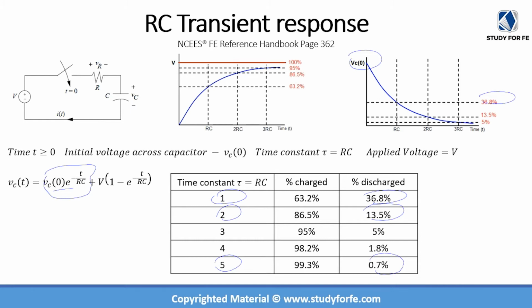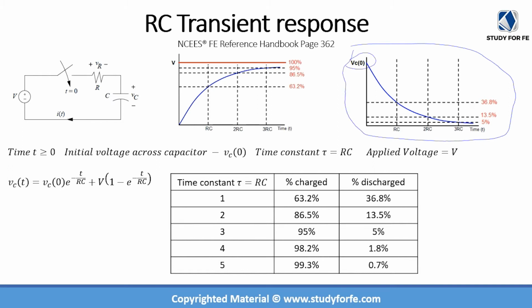Now, the interesting thing to note here is that at any given time, the sum of the charging and discharging is equal to 100%. You can add these two columns, and they would always add up to 100%. I'll explain that briefly, but let's look at the discharge curve. This is the discharge curve with the initial voltage starting at VC0.